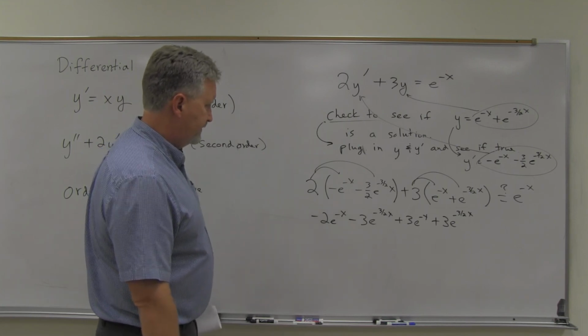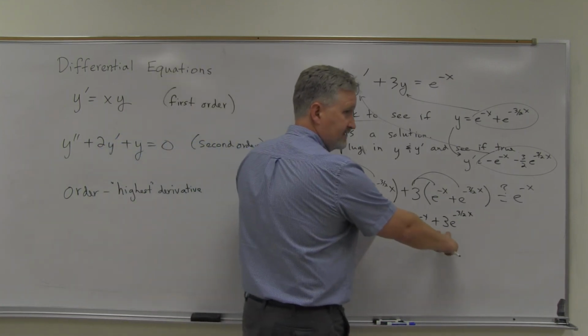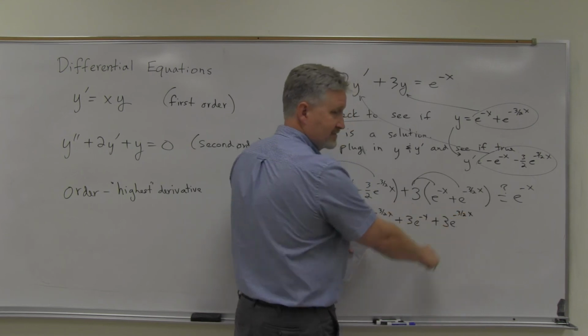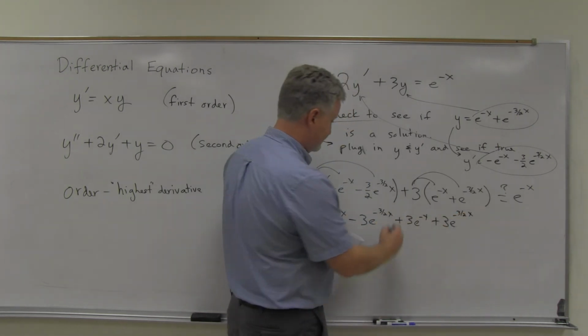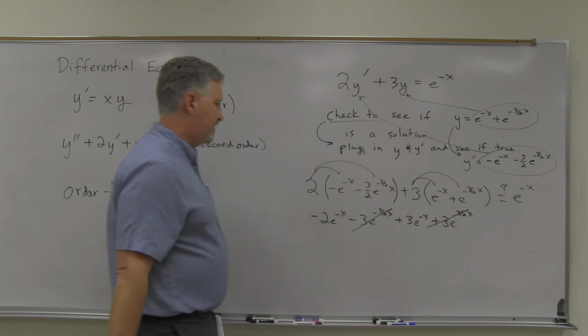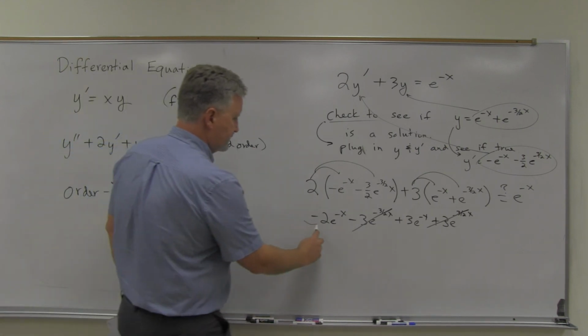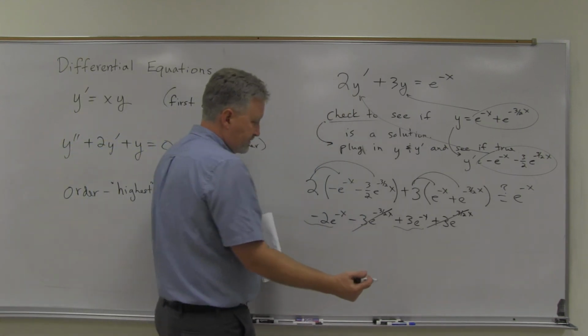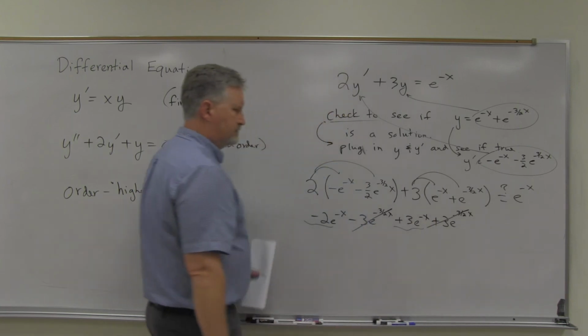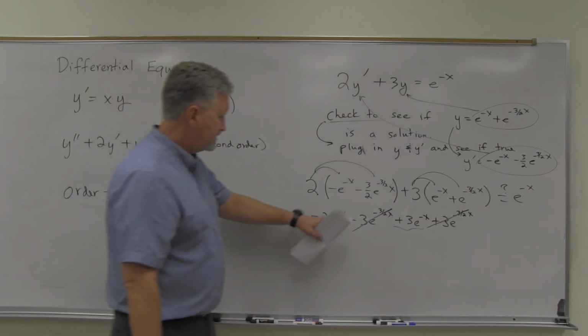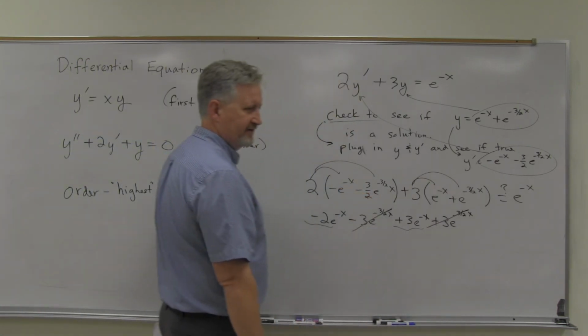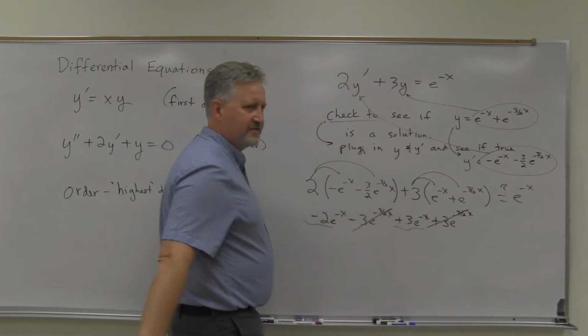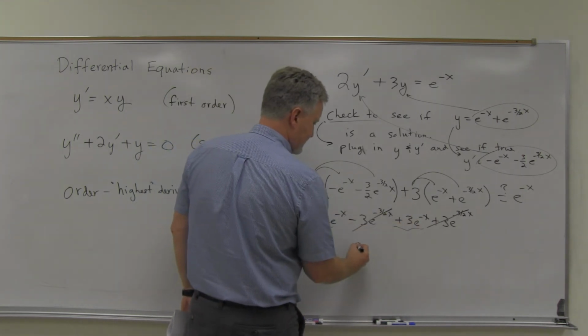What happens? Look at that. You have a plus 3 e to the minus 3 halves x and a minus 3 e to the minus 3 halves x, which wipes out. And then these two are like terms. You get minus 2 e to the minus x plus 3 e to the minus x. That's e to the minus x, isn't it?